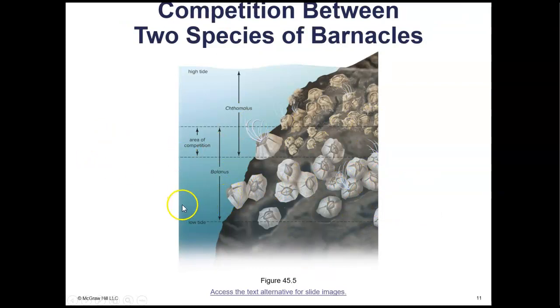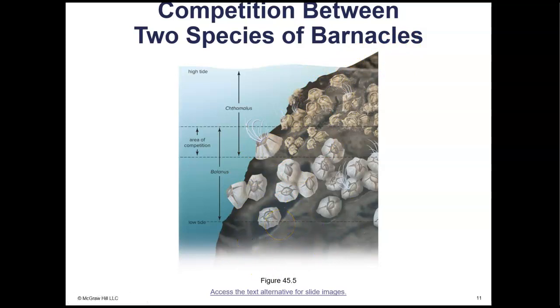There's a large barnacle called Balanus, and then there's a small barnacle called Chthamalus. The CH is silent. These are two hard words to say. When they're not competing with each other, the small barnacles can grow in all of these depths of water. They can grow in the high tide and in the low tide area of that rock.